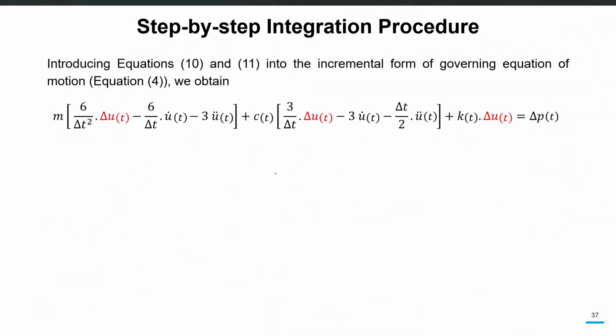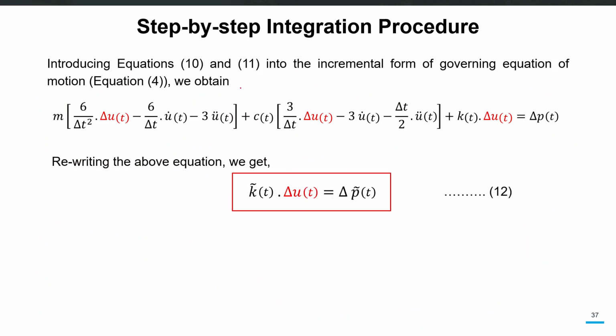So now the governing equation of motion was this: m into delta u dot dot, which is now equation 8, plus c of t into delta u dot, which is equation 9, plus k of t into delta u of t, is equal to delta p of t. So now the only unknown which remains in this incremental form of the equation is delta u of t.